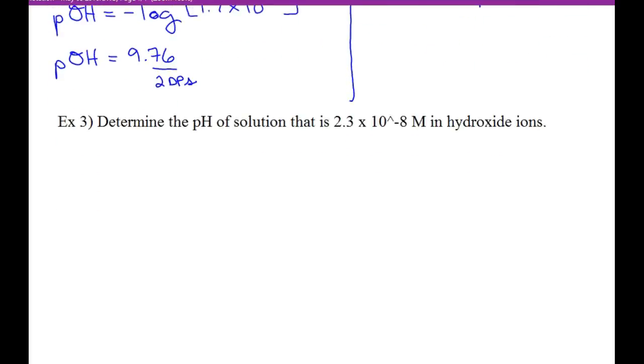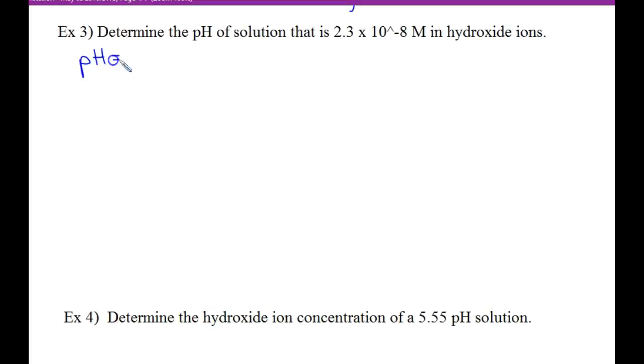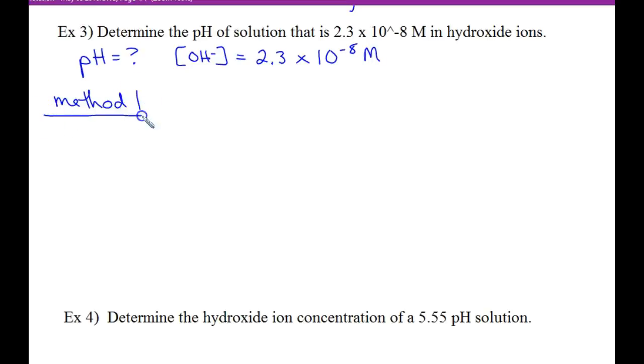This time we're sort of doing the opposite problem of example 2. This time we're looking for pH, but we are given the hydroxide ion concentration, 2.3 times 10 to the negative 8 molar. Now, the 2 methods of solving are pretty much what you saw in the previous problem.